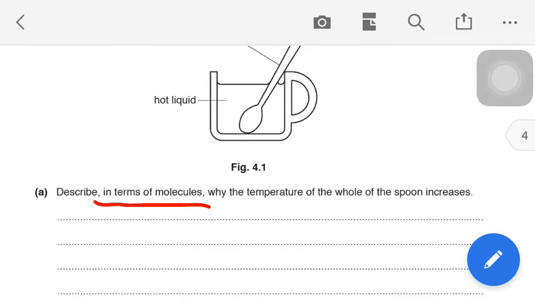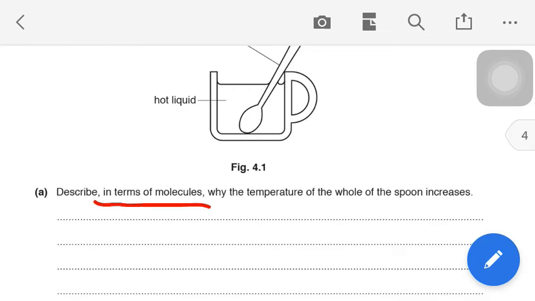So that molecular picture should be there. The hot liquid molecules coming and colliding with the molecules in the spoon, that idea should be there.